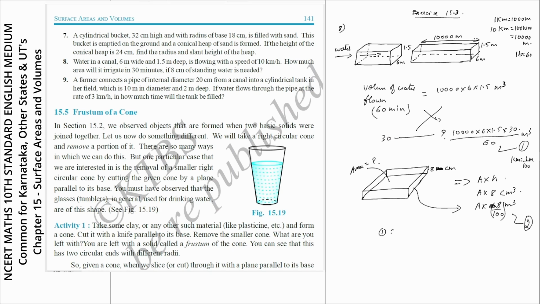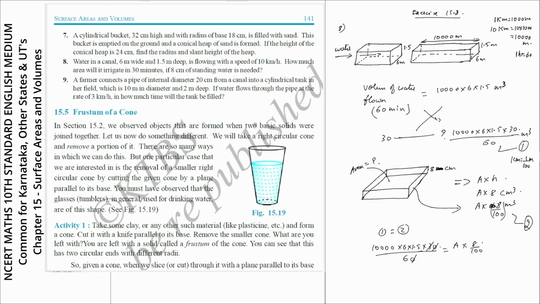Therefore 1 is equal to 2. Now equate 1000 into 6 into 1.5 into 30 by 60 is equal to A into A by 100. Now the zeros will get cancelled here.